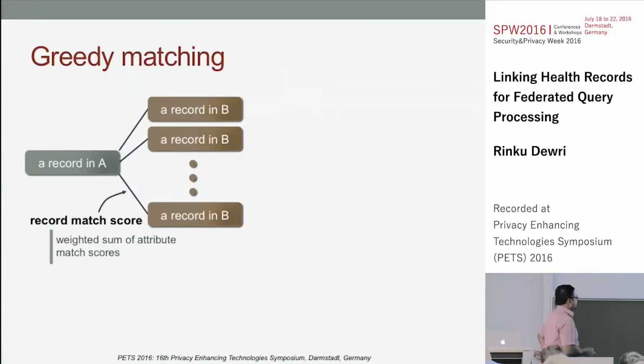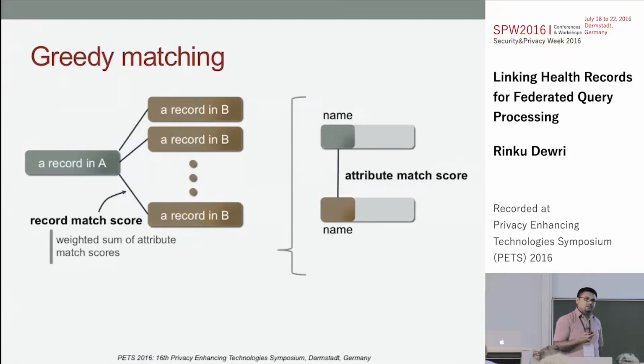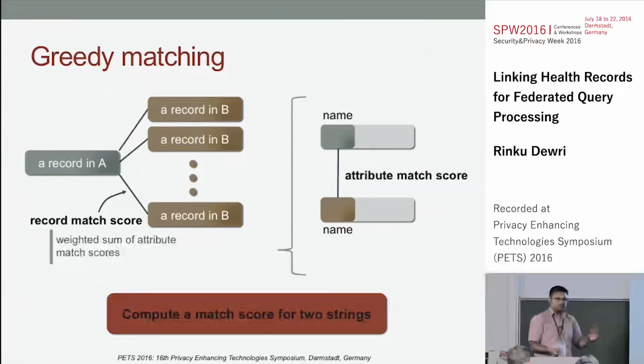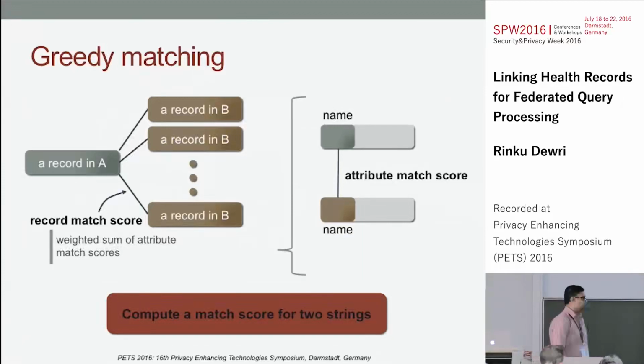That score is computed using a weighted sum of scores computed on the attributes themselves. So you need a method to compute the similarity between an attribute in the two records, for example how to compare the name in one record with the name in another record in B. That means we want to compute scores for two strings, how similar two strings are. That's where it boils down to.